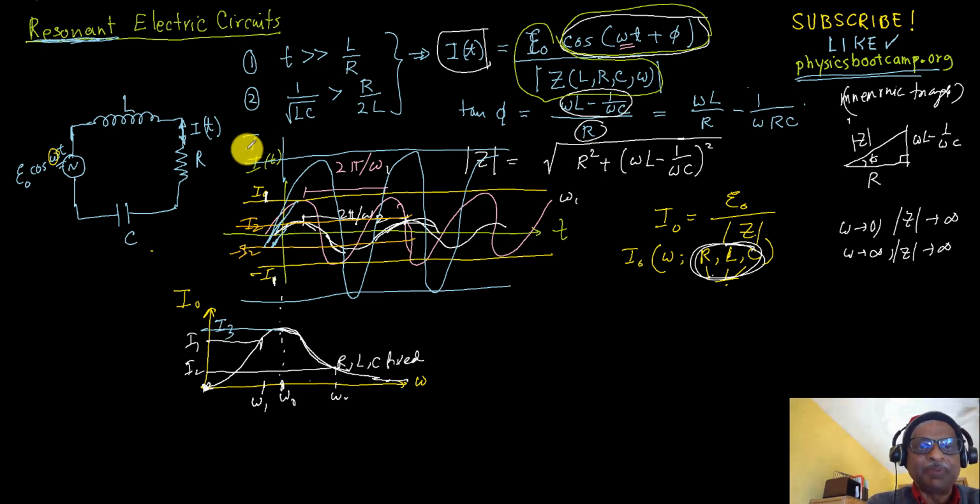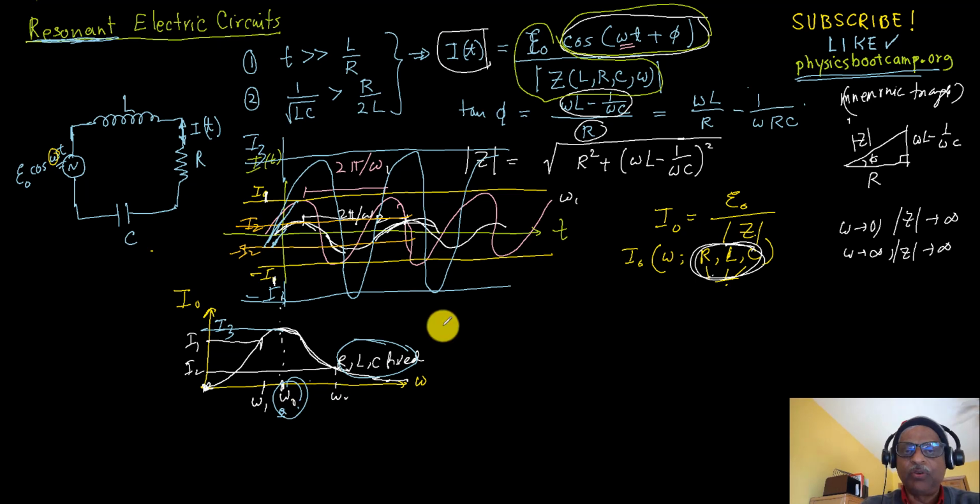It's going to be between I3 and minus I3. So this is actually the largest I can get for this RLC fixed.